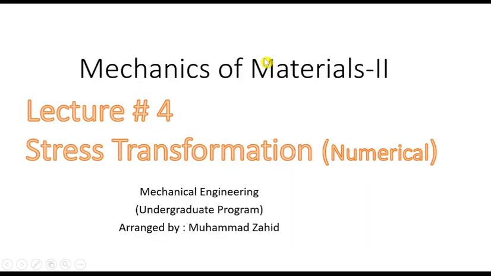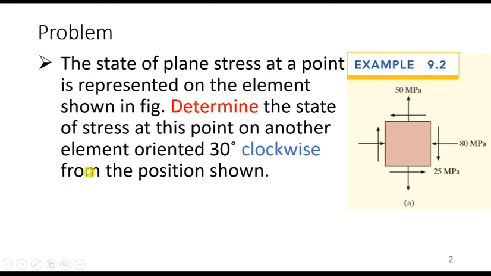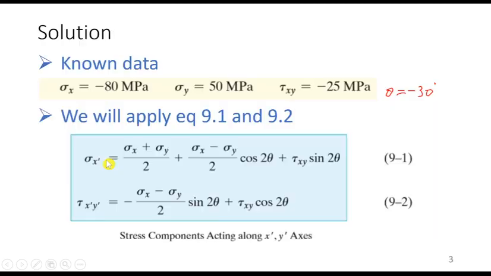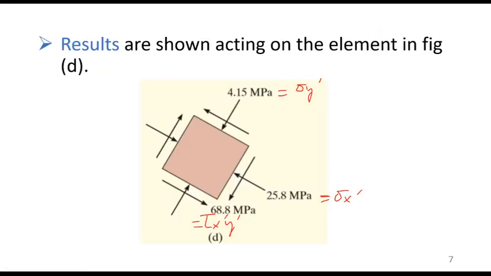So if you look at this, determine the state of stress on another element, so we have to show it on another element. That's why we are showing it here. This is the element, and this was plane CD, and here it was the x prime axis.